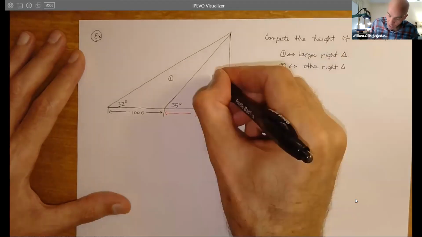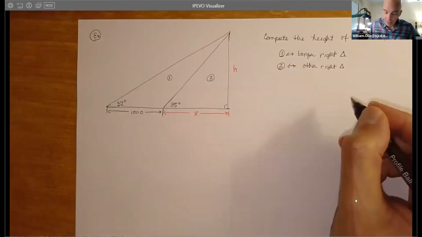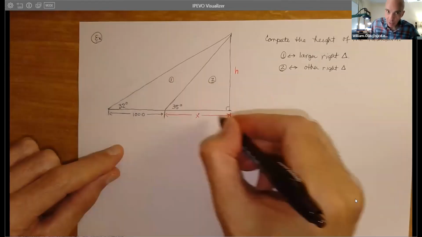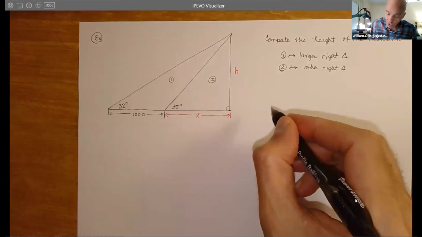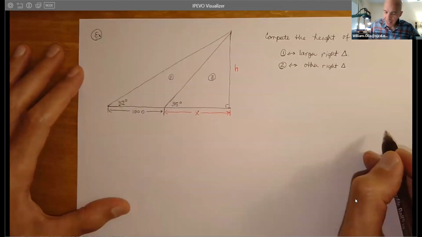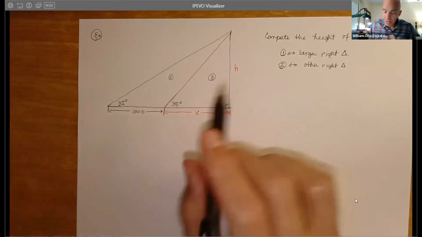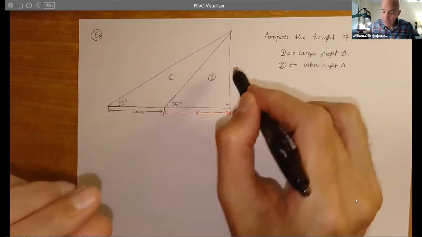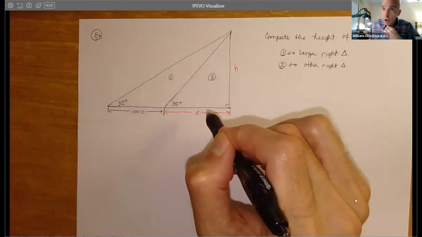We'll put that as 2 right there. So again, the 1 is all the way around the larger right triangle, and the 2 is just this one. And so we need to find h, so we can find equations that will involve the h and the x and then solve for h.